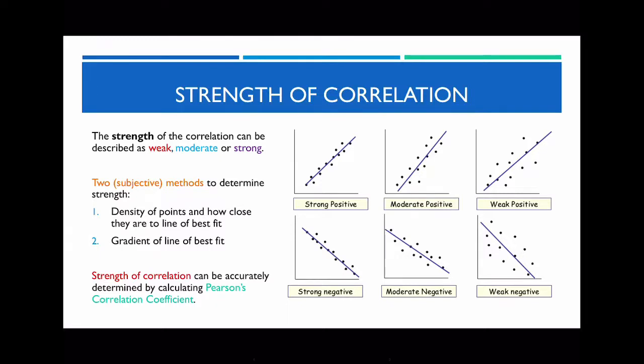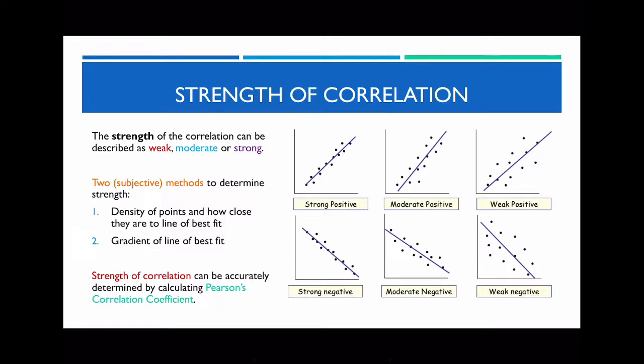And there are two subjective ways that you'd determine the strength of correlation. One of them is by looking at the density of all the individual points, and those points that are closer to the line of best fit are classified as strong. Any points that are further away from the line of best fit are considered to be weak.